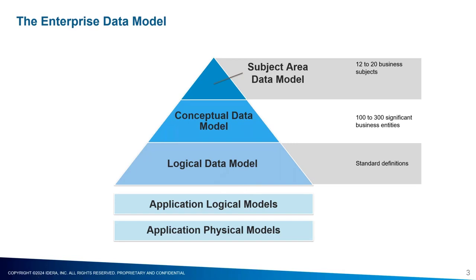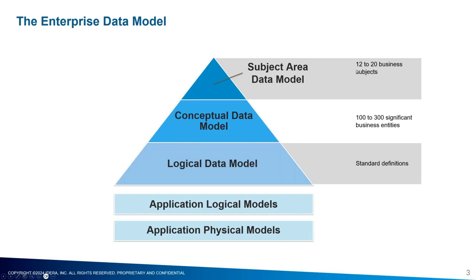Now, when we get to talking about our data, things can get busy pretty quickly. So we have these higher levels of abstraction. When you're talking to business people about the information of the organization, we want a good, well understood, well agreed list of concepts. Most organizations will have a conceptual data model with 100 to 300 business concepts in there.